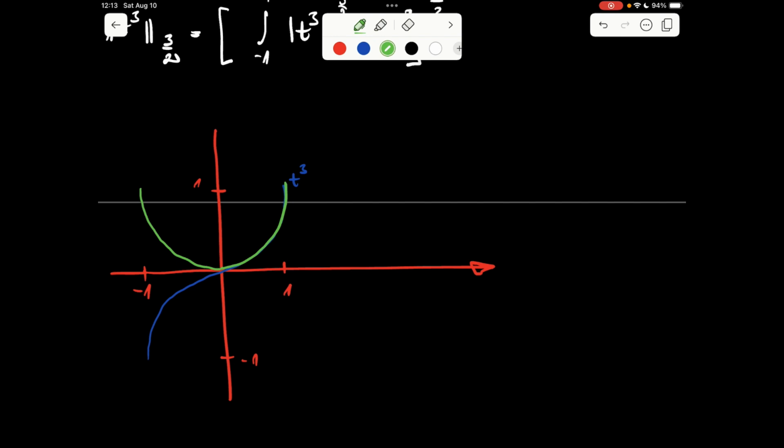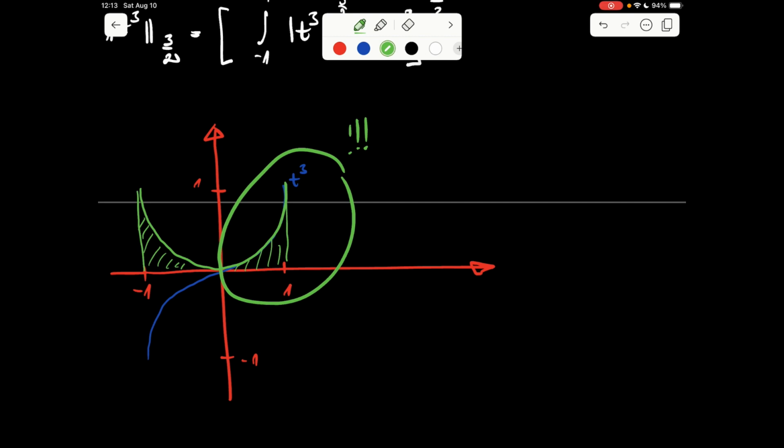Okay, and the absolute value is symmetric to the vertical axis. So to calculate the integral, which is this area, we only need to calculate this part of the function.